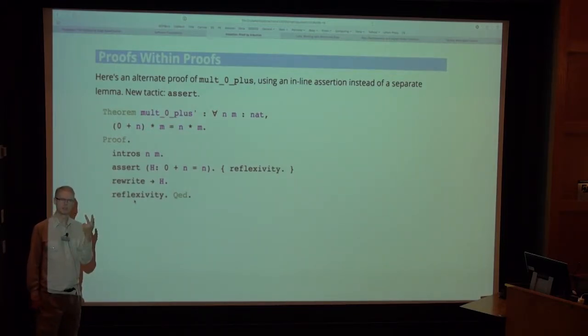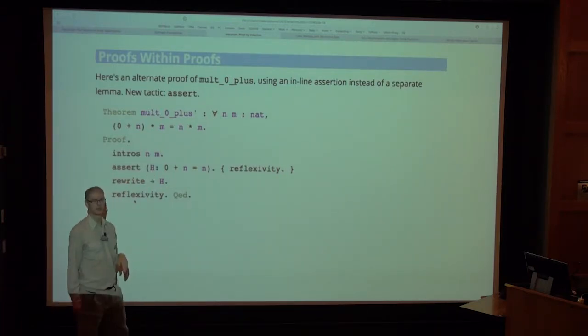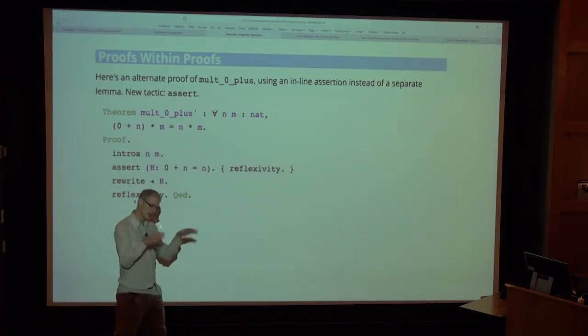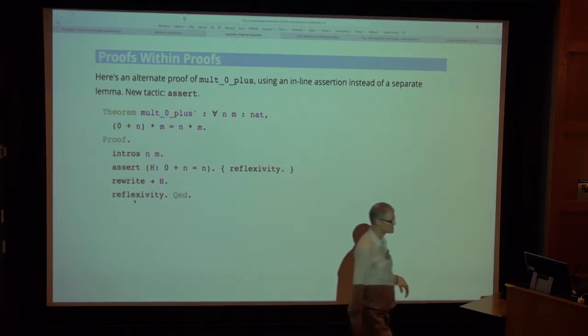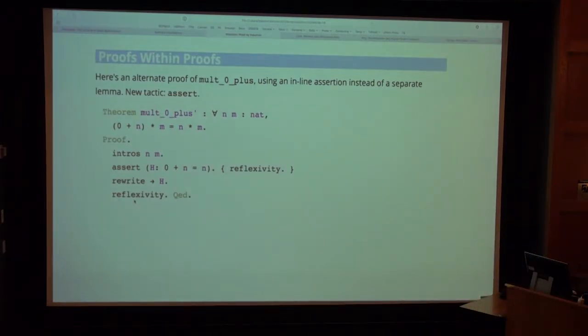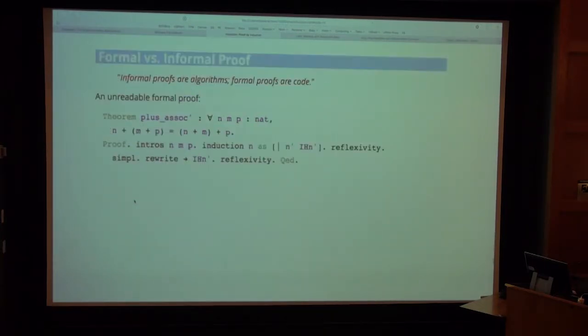Actually, I might have said that backwards. Maybe the sub-goal of proving H comes second, and the use of H in the rest of the proof comes first. In any case, you get two sub-goals, one to prove H and the other assuming H. So it's just a way of splitting a proof into a subsidiary fact and a use of that fact. And I'm going to skip over that.